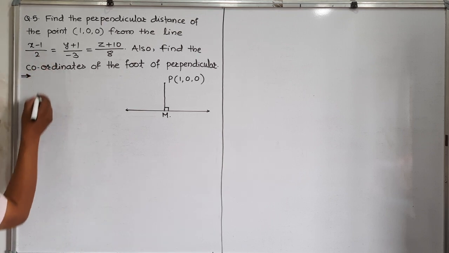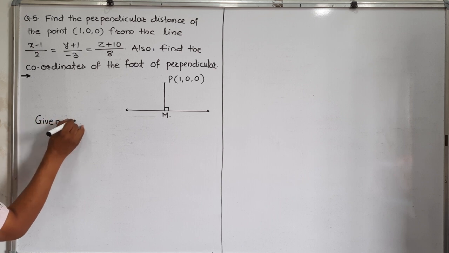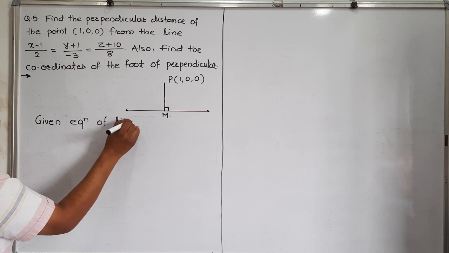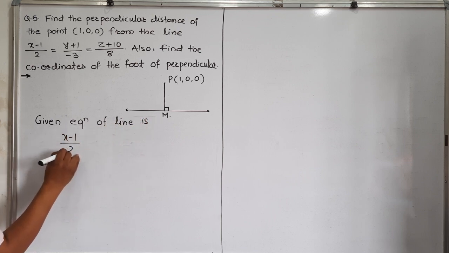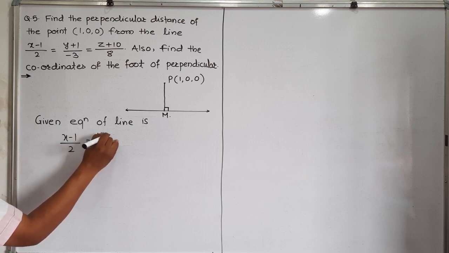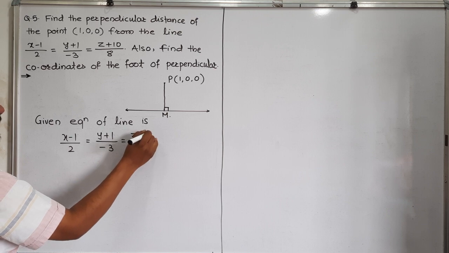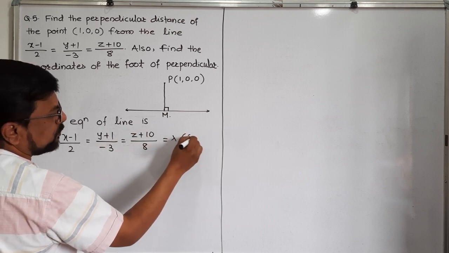Given equation of line is (x minus 1) upon 2 is equal to (y plus 1) upon minus 3 is equal to (z plus 10) upon 8 is equal to lambda.